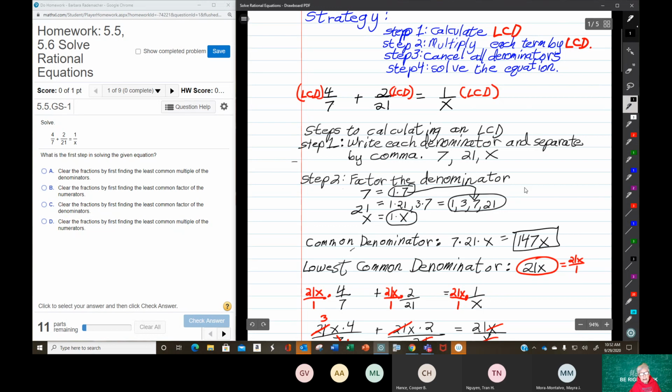And we get the LCD by placing the individual denominators next to each other, and then factoring them and seeing what they have in common, with the idea that you're going to use like 7, the common term, to cancel out denominators.